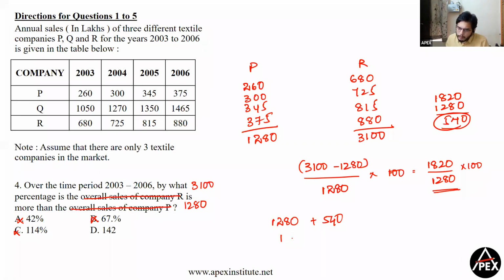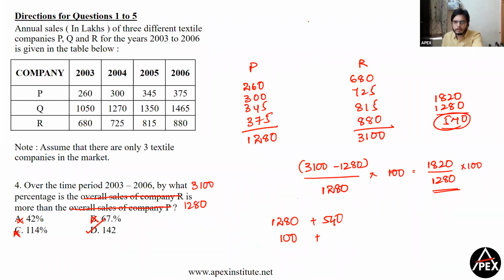This is 100% plus this. This is more than 20%, isn't it? This will be obviously near to 40%. This is not 14%. Okay, so I can also eliminate this. So the answer for this question should be option B. Clear? You can only approximate this when you are good at percentages. Okay, so please do practice percentages.